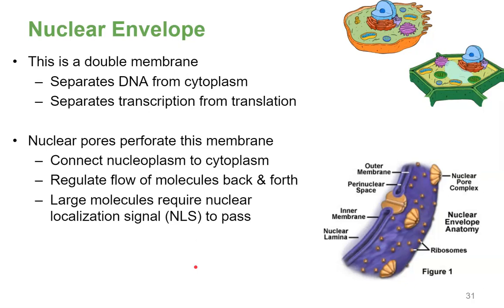What can leave the nucleus is RNA, and that happens through a process through these nuclear pores, which we're not going to get into. But the nuclear envelope is a double membrane, and that helps provide some protection, and it helps provide some separation for the DNA from the rest of the cell.